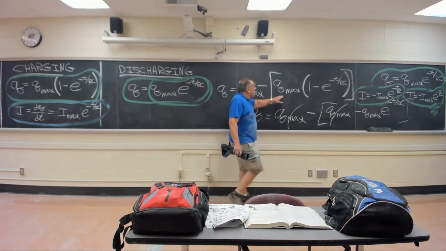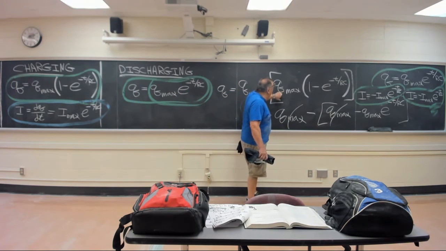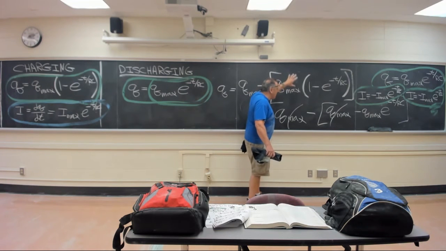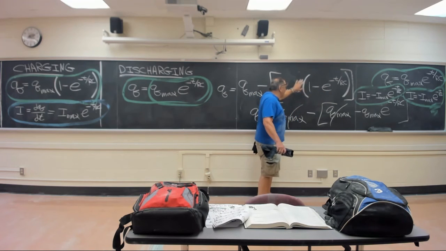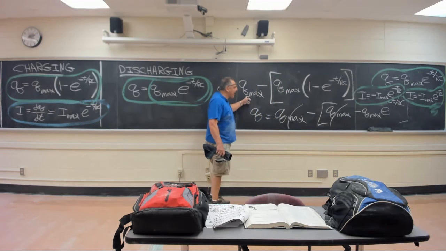So in other words, you're also losing charge. Charge is present away from the capacitor like this. We'll take that amount of charge away from what was initially present because we're discharging a capacitor right now.